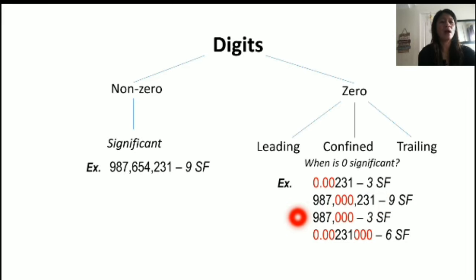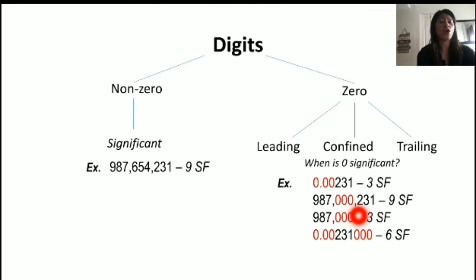What about if you have the last number 0.00231,000? Why is it that there are 6 significant figures? So we have 2 types of zeros here, the leading zeros and the trailing zeros. But as another guideline, zeros to the left of a non-zero and a decimal point are not significant.